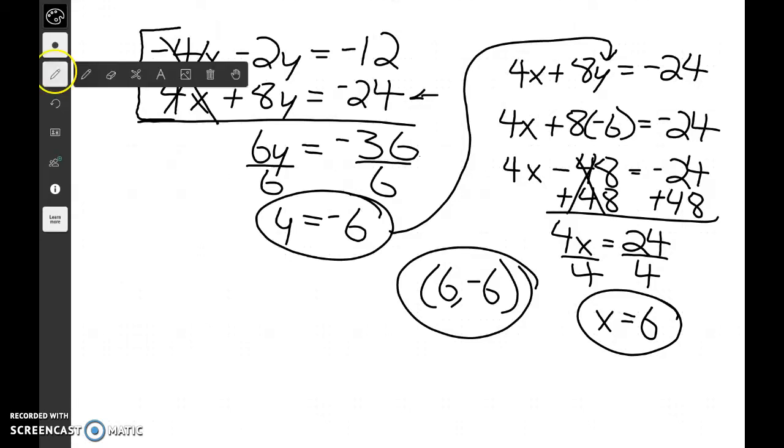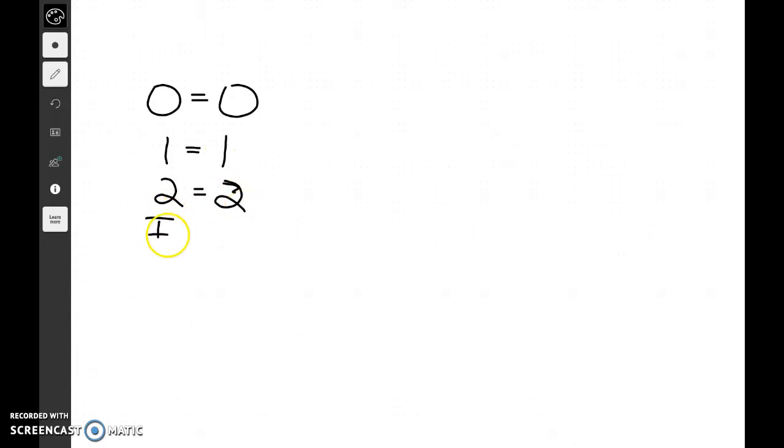All right, the only other thing I want to talk about before I let you go is that if you end up solving a problem and all the variables go away, and you get something that's a true statement like 0 equals 0, or 1 equals 1, or 2 equals 2, all of those are examples of when we have infinite solutions.